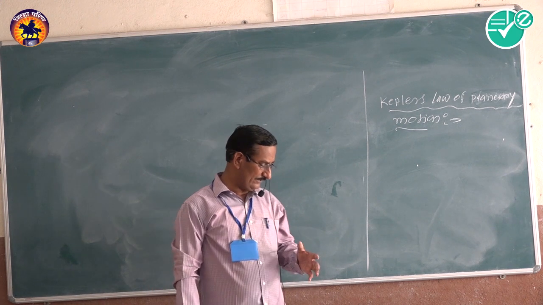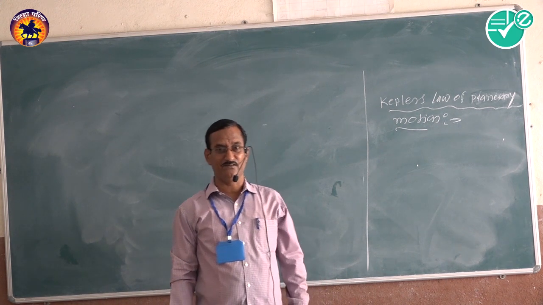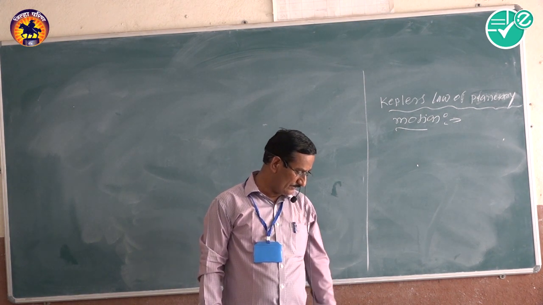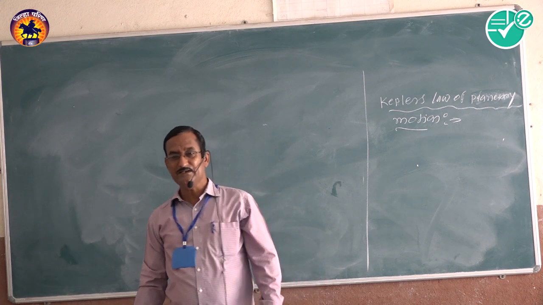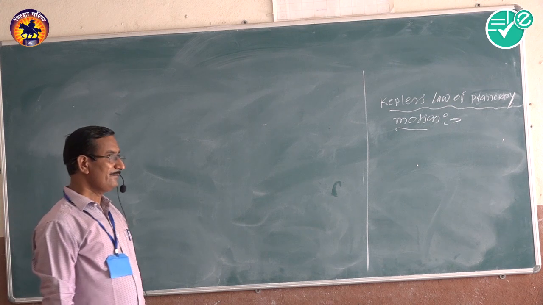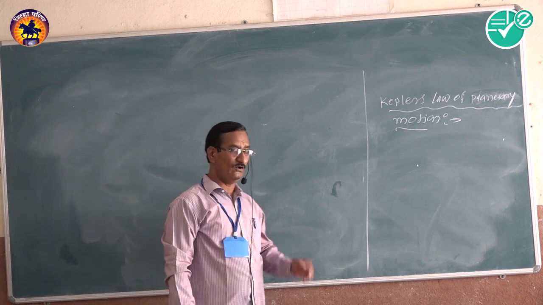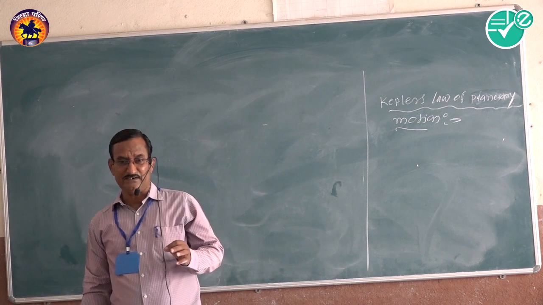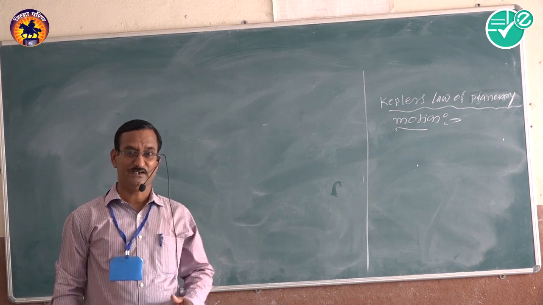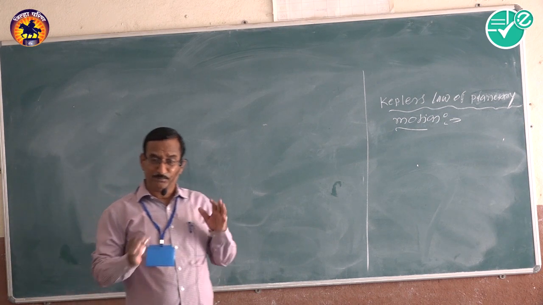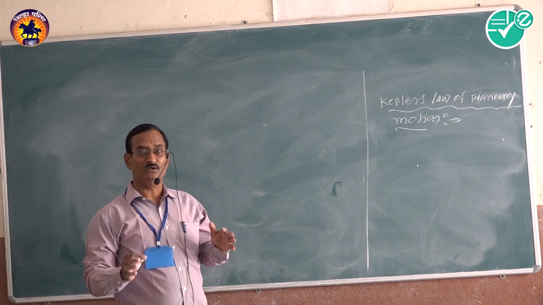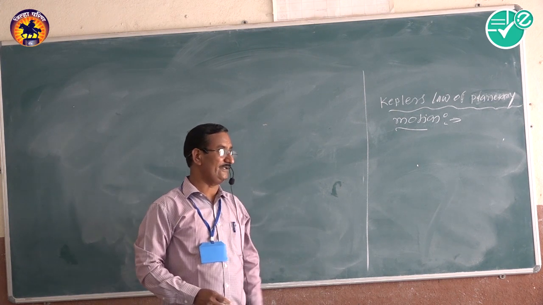Kepler also stated the second law, that is the law of areas. When any planet revolves in planetary motion around the sun, this planet sweeps out equal areas in equal intervals of time.